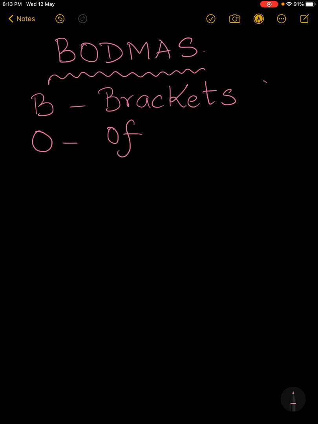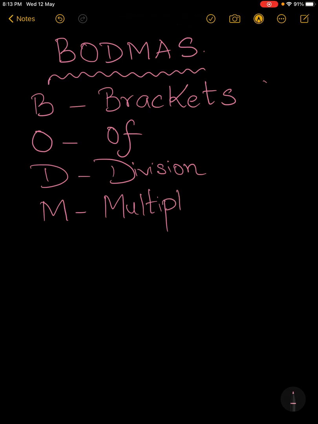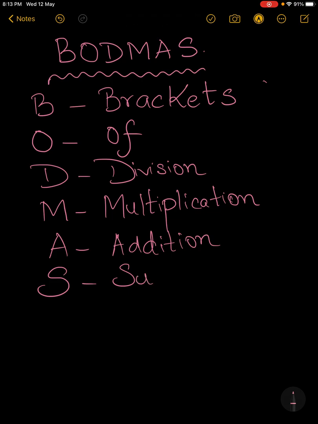And if I expand this abbreviation, it stands for B for brackets, O for of, D for division, M for multiplication, A for addition, and last but not the least, S for subtraction.